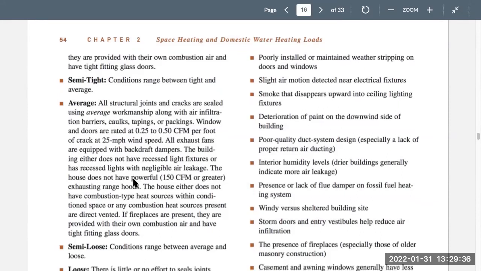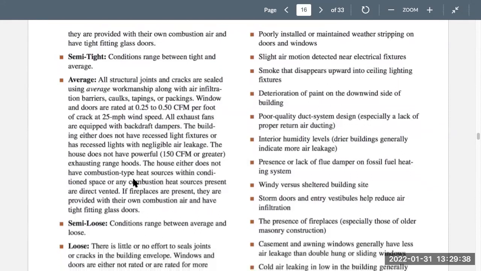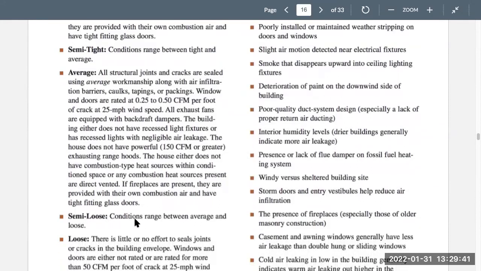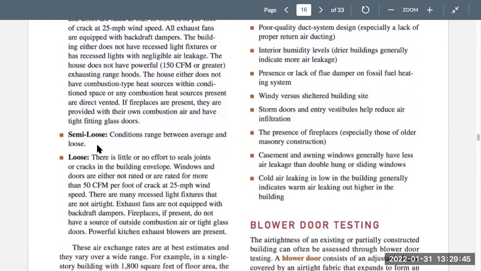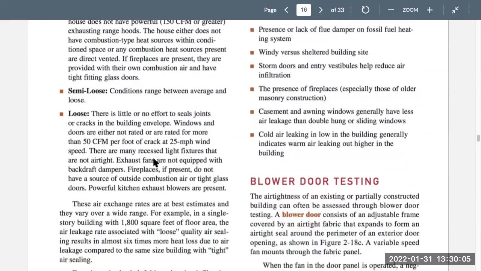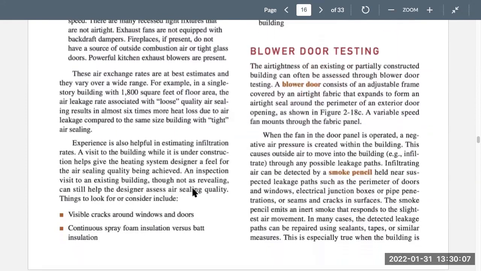But if you can't, then you're going to have to start leaning towards more of a semi-loose type house, or a loose house, which is an old house. There's little or no effort to seal the joints or cracks in the buildings. You can see that it's got no weather stripping around the doors. The caulking is old. The windows are single pane, something along those lines. So it gives you a nice list of things to look for.